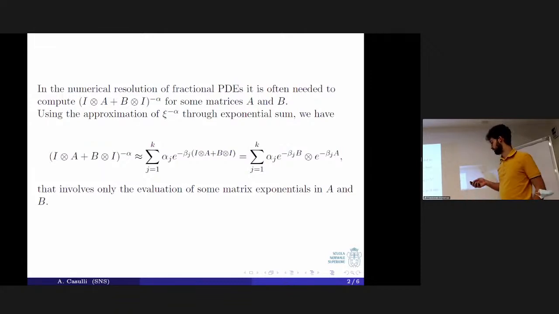Now, our idea is to compute this matrix function by approximating the function x to the minus alpha with a sum of exponentials, and then we can easily compute this matrix function by exploiting the fact that the exponential of a Kronecker sum is equal to the Kronecker product of the exponentials of the two matrices B and A.